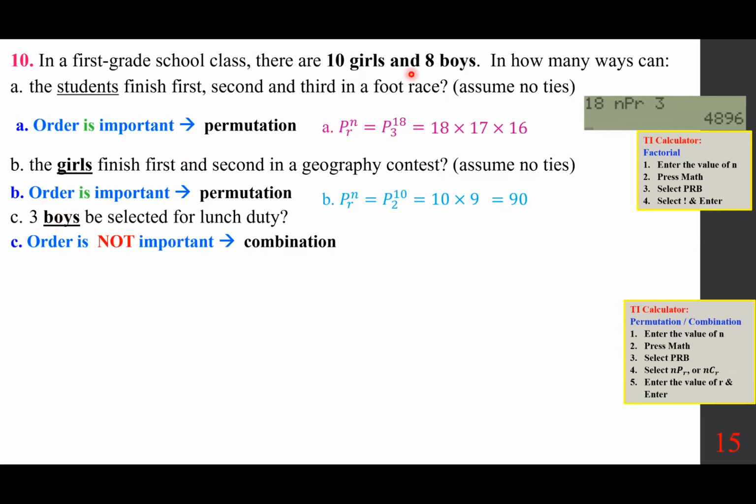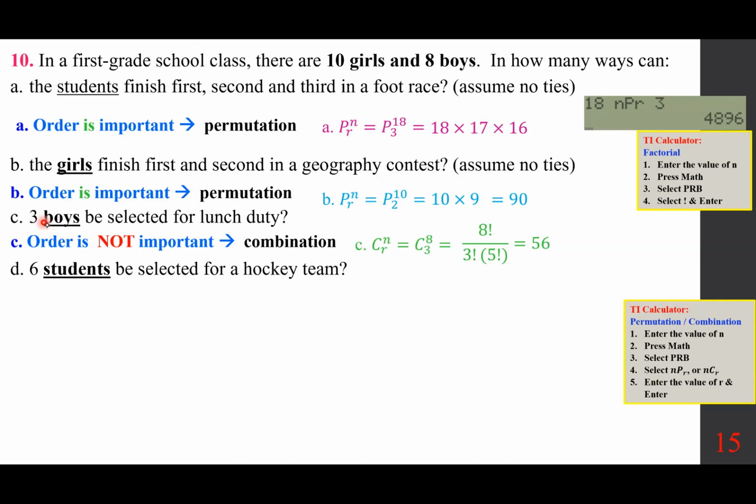And boys, we have 8 of them, choose 3. Combination of 8, choose 3, which is 8 factorial divided by 3 factorial times 8 minus 3, which makes it 5 factorial. And you can come up with the answer simply as 56.